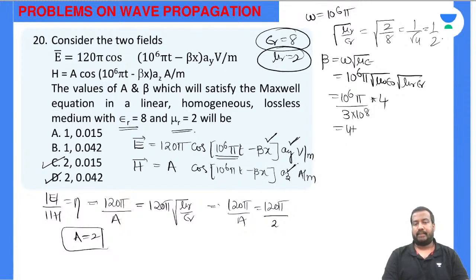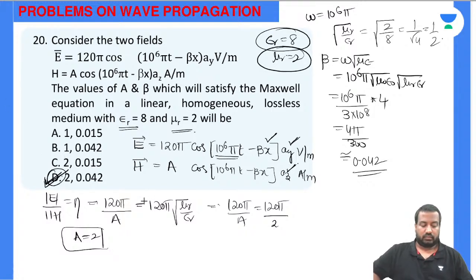This is 4 pi by 300. Solve it and tell me. It must be approximately 0.042. You also please solve it on your own and confirm. Is that clear?